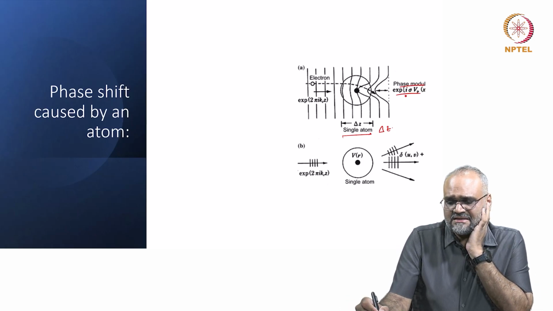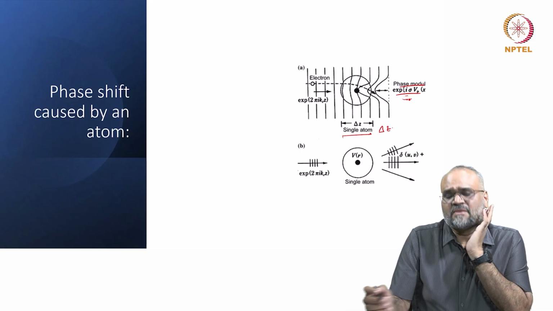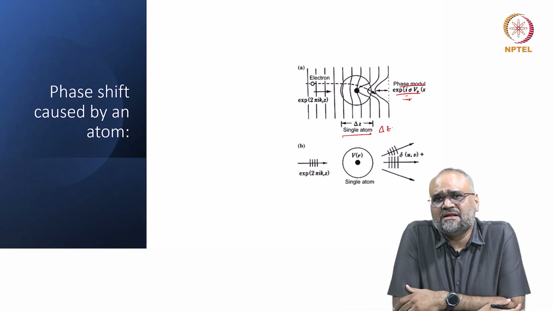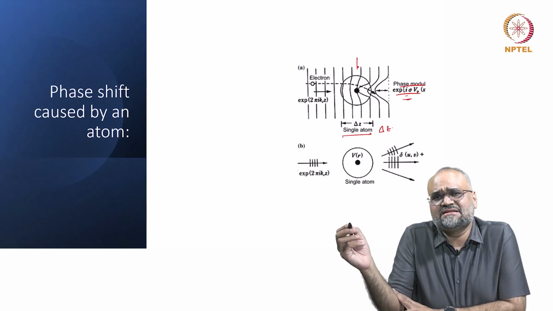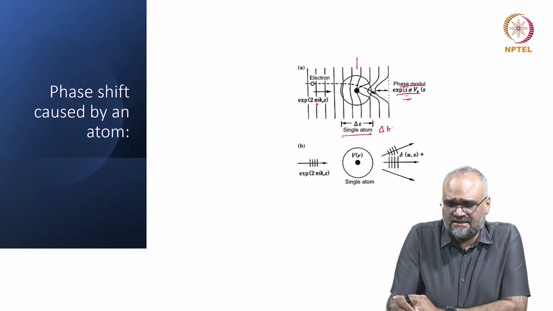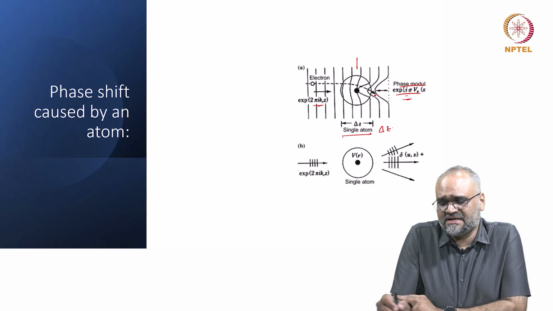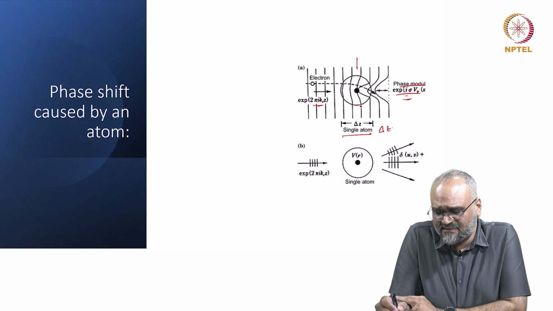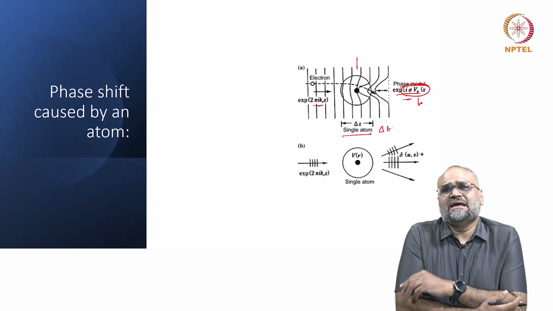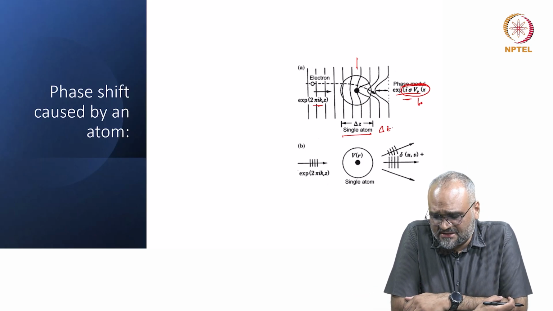The phase can be seen as some kind of a complex number, and due to the presence of the electrostatic potential as introduced earlier, the change in the phase of the electron wave as a consequence of the interaction with the atom can be written by introducing the electrostatic potential in the exponential term.